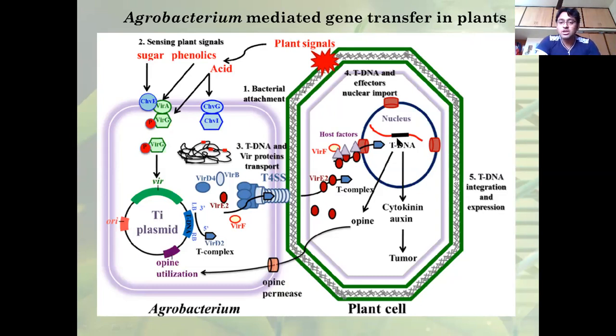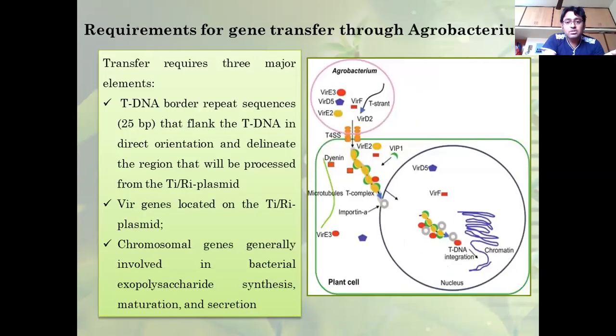It gets integrated into the genomic DNA of the plant, and then it will produce cytokinin and auxin. These genes are present within the tDNA region. So only the tDNA region is transferred, and within this tDNA region there are the auxin and cytokinin biosynthesis genes, and another is for opine, a metabolic product. This is another special kind of metabolic product that is required by agrobacterium cells for their growth and development.